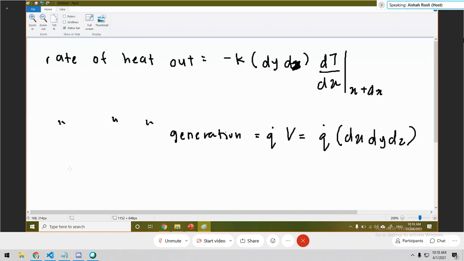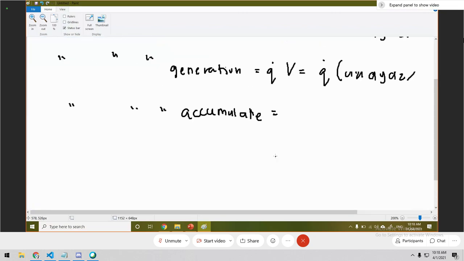So what about the rate of heat accumulation? That will be rho, the density, Cp, the heat capacity, because we're talking about heat, times dT over dt.